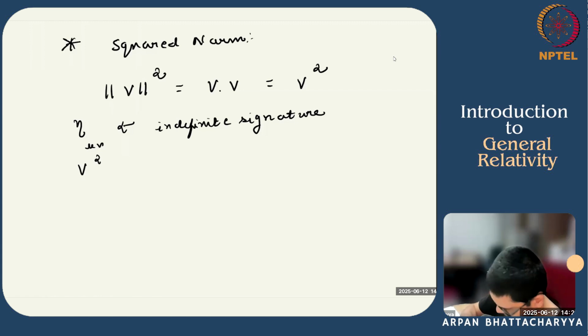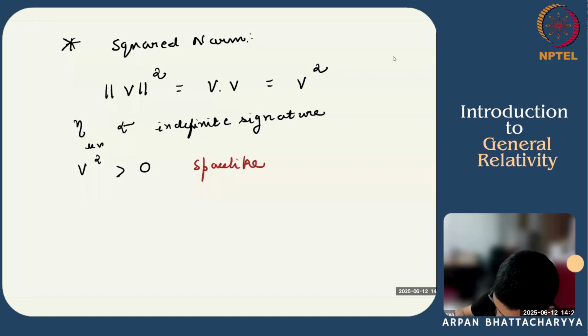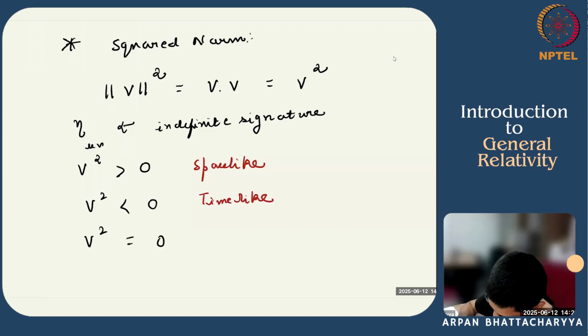When this is greater than 0, it is known as space-like. When this is less than 0, we call it a time-like vector. And when this is 0, we call it a null-like vector. Okay, so let's take some examples of this.